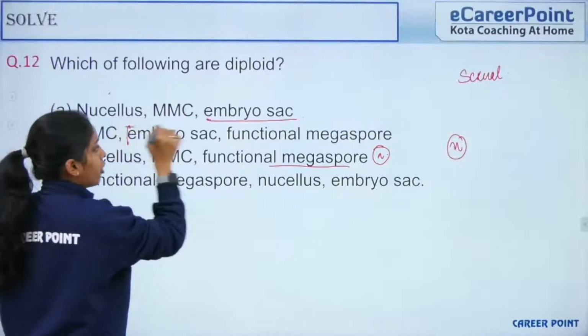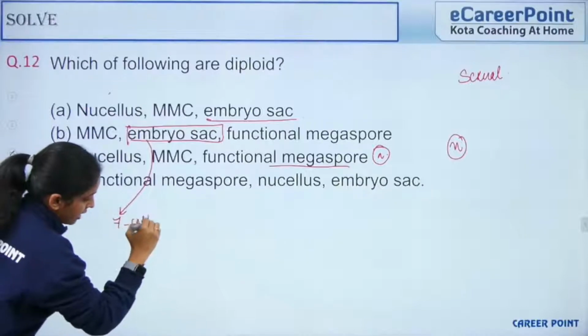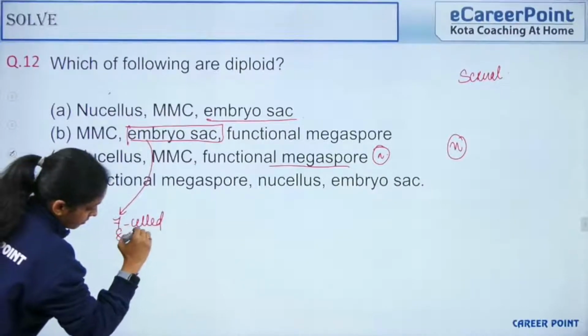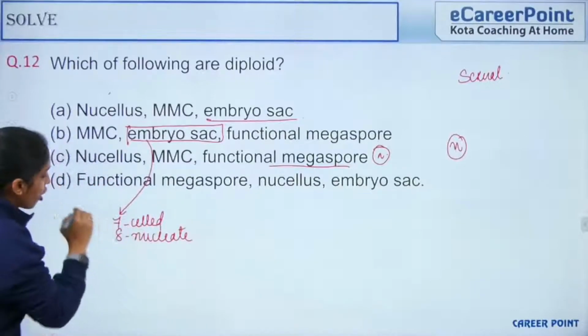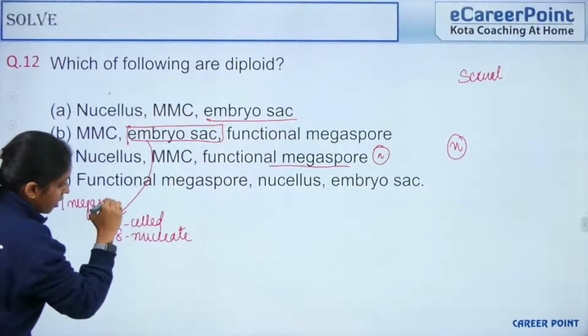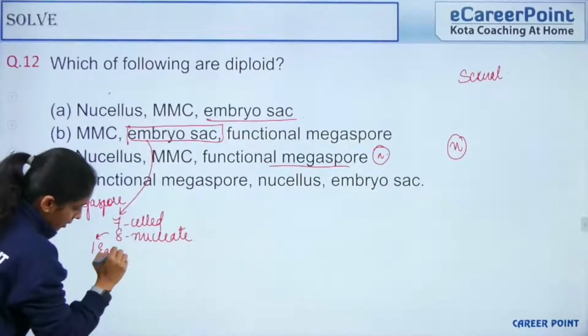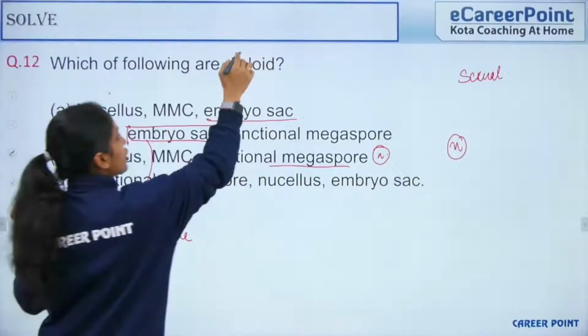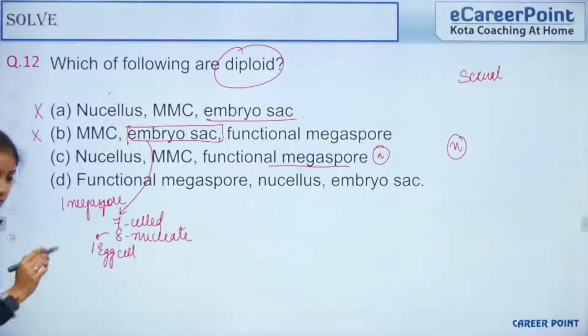See, first of all, embryo sac is 7-celled and 8-nucleate. It forms from one functional megaspore. I agree this has one egg cell, but you're not sure if it is diploid. So we have deleted these two options, right?